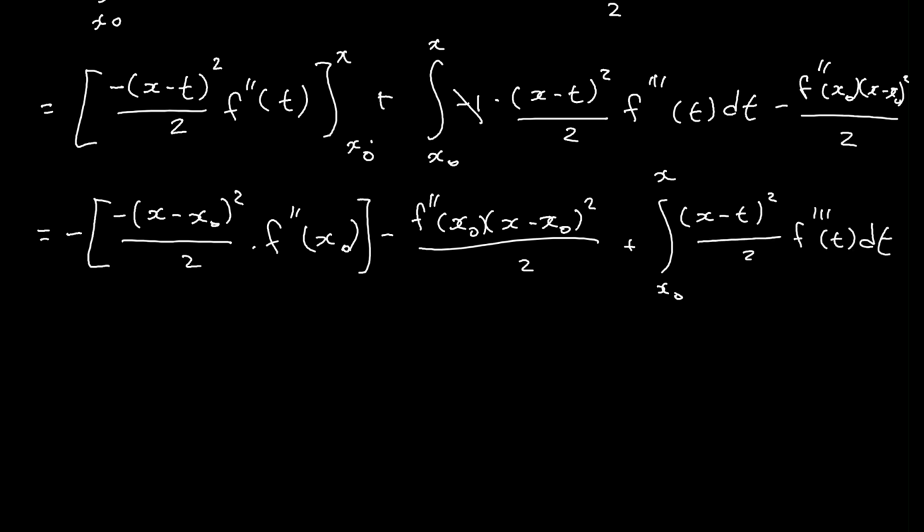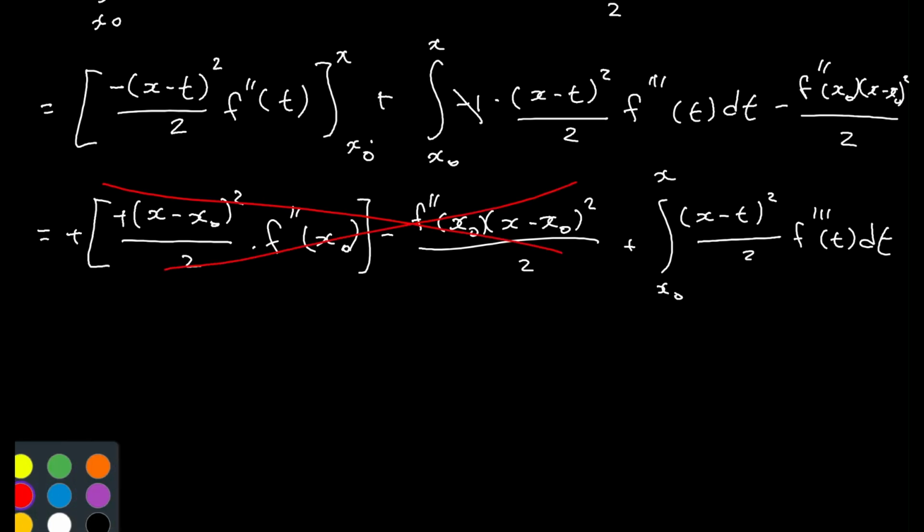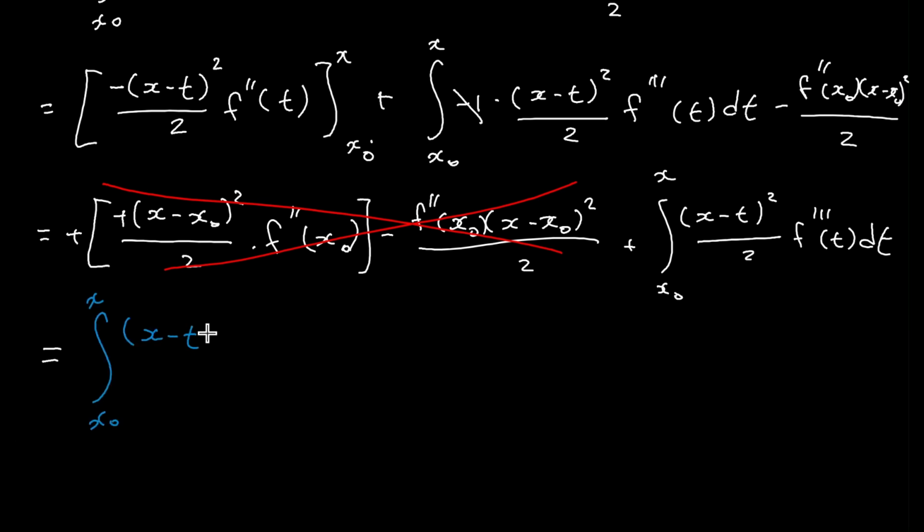Okay, so notice that since it's negative, these just cancel each other out, and this is the same thing. This is f double prime of x naught times x minus x naught squared all over 2. So these just cancel each other out, and we're left with the integral from x naught to x of x minus t squared times the triple derivative of f at t all over 2 dt.